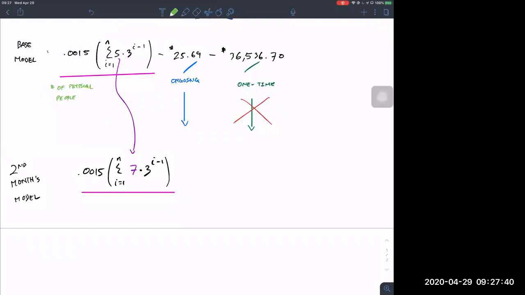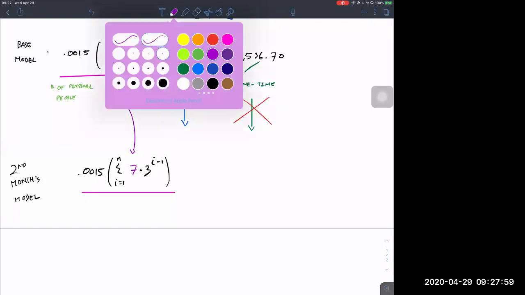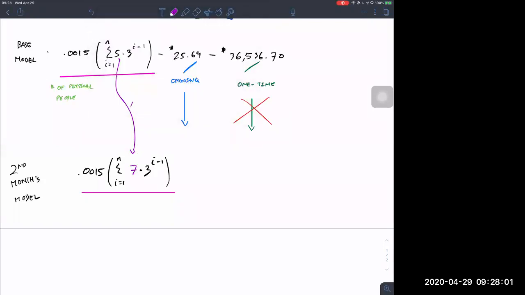What I mean by that is the actual number, so say 1 million people. So the effect from the underlying summation on the base model to the second month is an increased effect, because of, let me write this in purple, an algebraic increase.